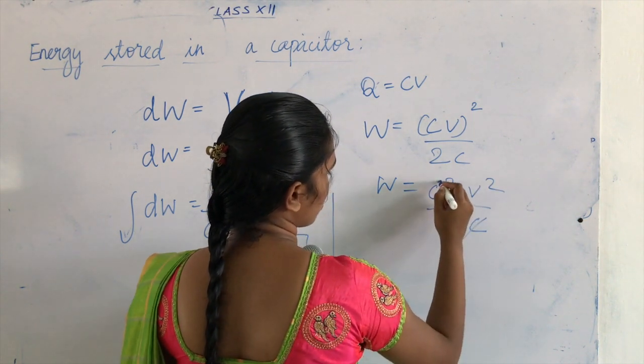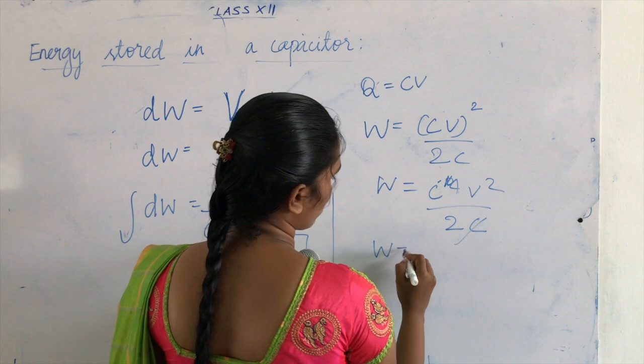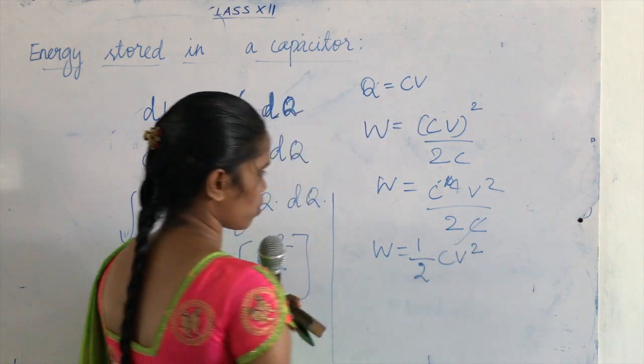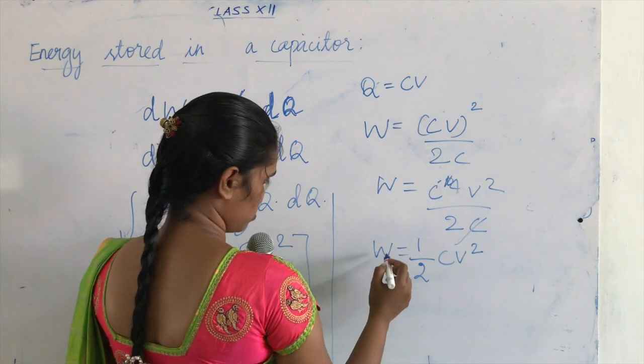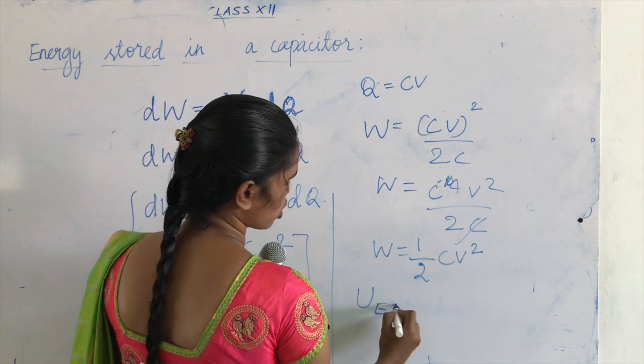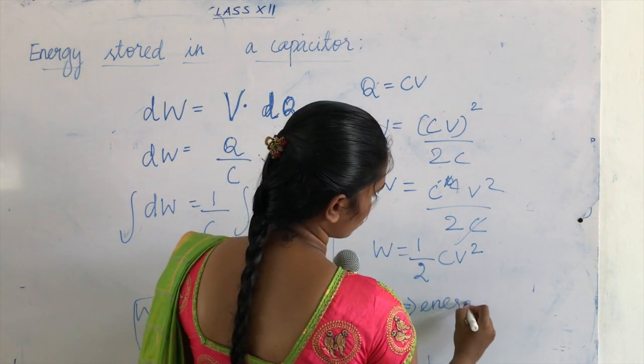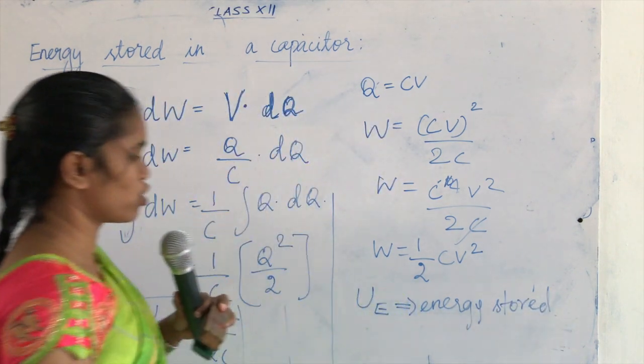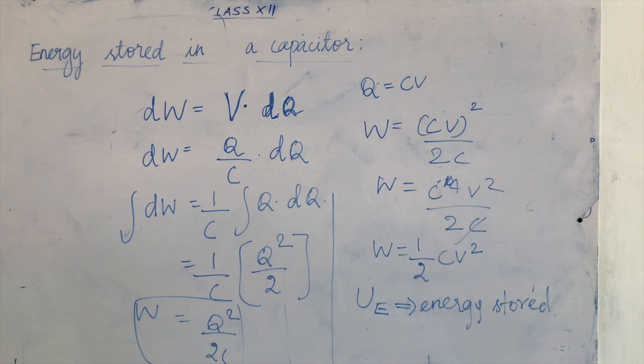One C gets cancelled. So W equals 1 by 2 CV square. Now, the work done is the energy stored. This is the energy stored, denoted by UE.